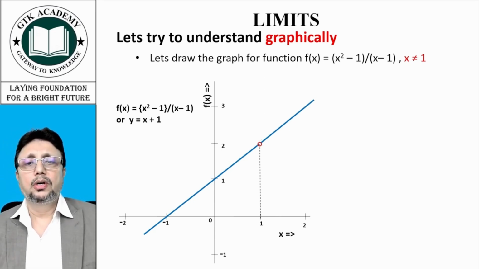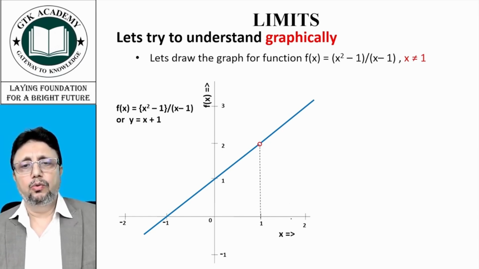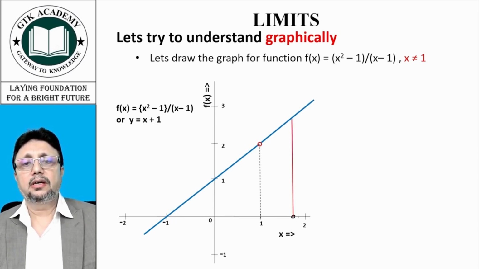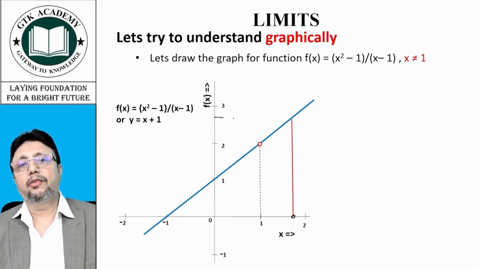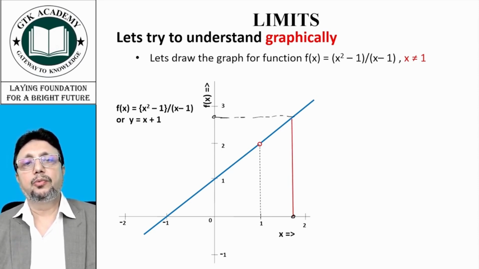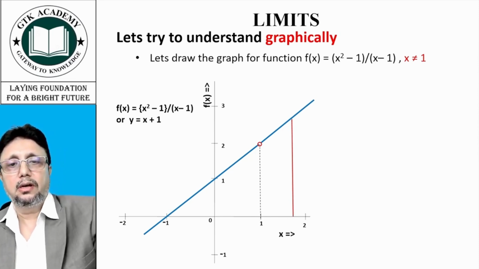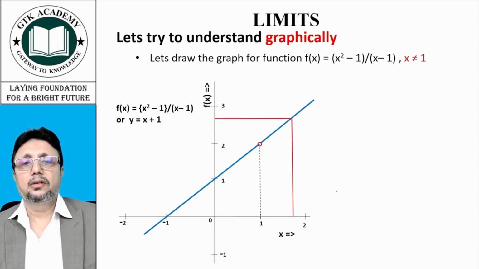Now what do we do? We go towards right, say take some value which is more than 1, and for this value you try to find the value of f(x), which will be like this. So if you take a value more than 1, the value of f(x) becomes this.